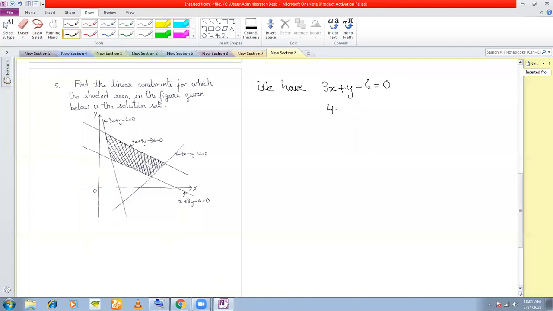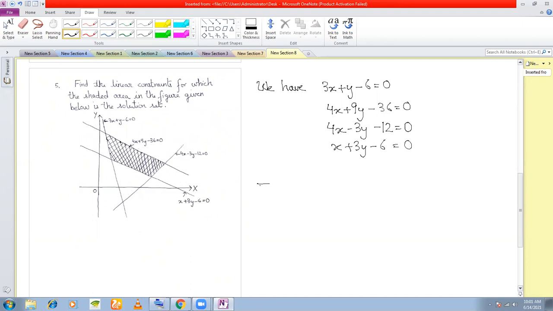Next, you have 4x plus 9y minus 36 is equal to 0. Next equation is 4x minus 3y minus 12 is equal to 0. And you have x plus 3y minus 6 equal to 0. 4 lines are given to you, right? You can see in the figure.